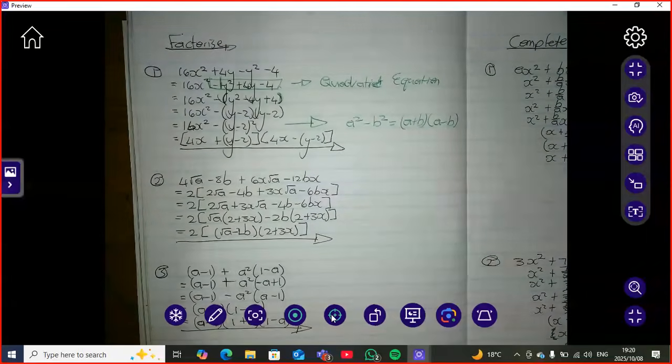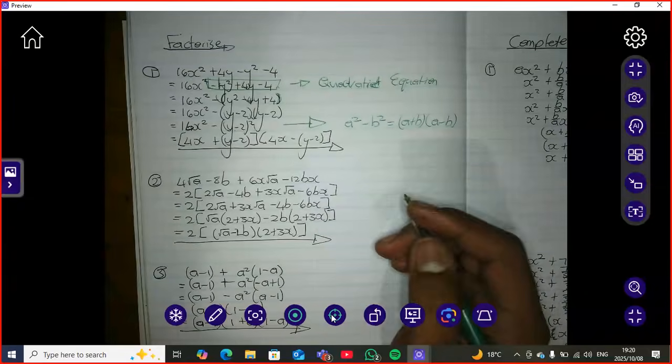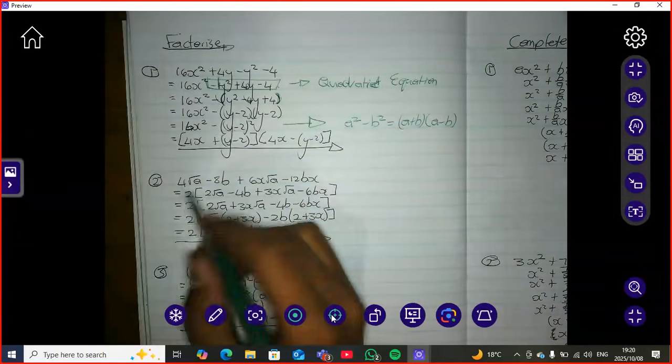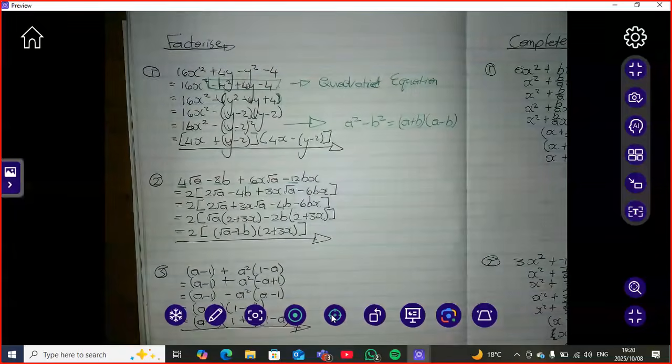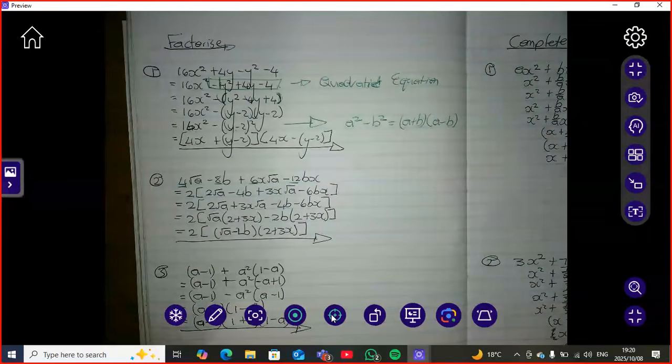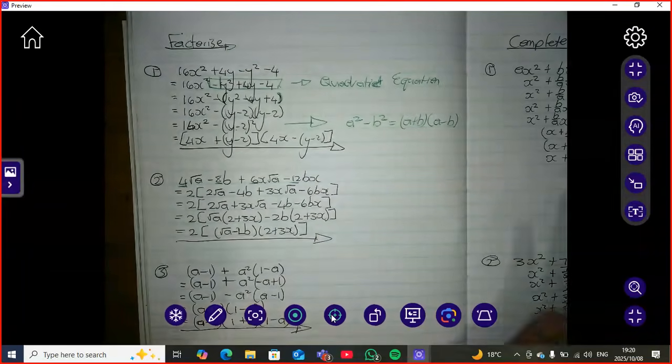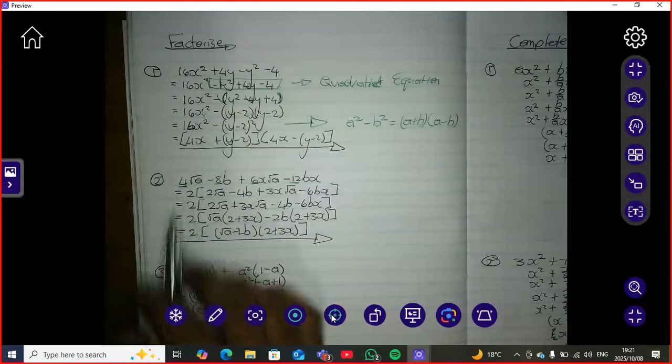Next one. So here I can see that I have all even numbers. That usually means I can divide by an even number because all of them have an even number. So I can take out the highest common factor, which is 2. That's why I took the 2 out there.